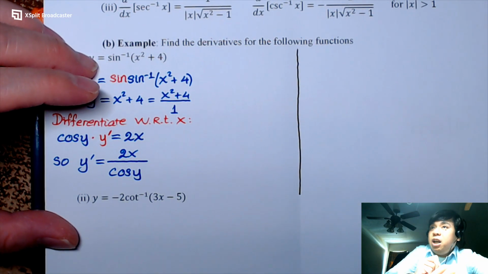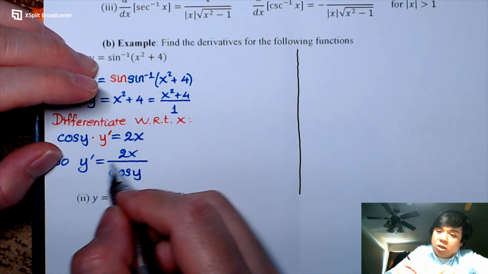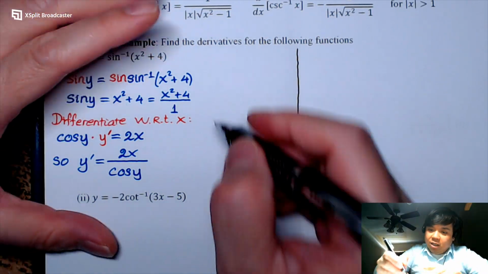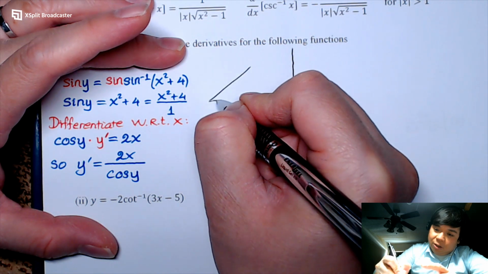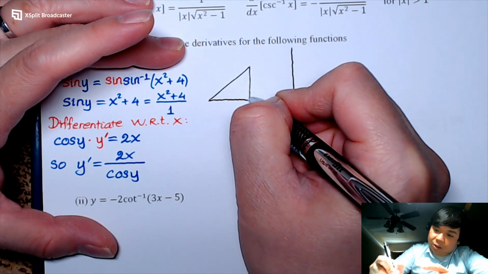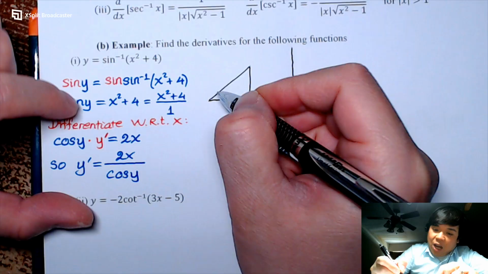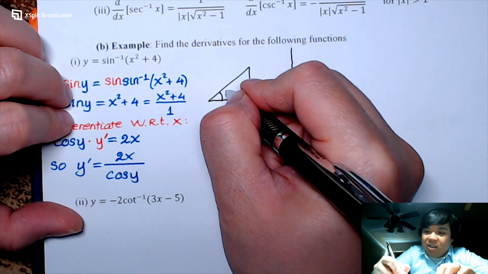The only thing we need to determine is what cosine of y is. And for that, we get back to this. Draw the triangle. Actually, now the angle is going to be y, not even theta.